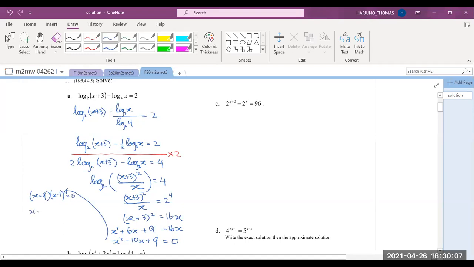Either x equals 9 or x equals 1. And both of them are okay. We just need to check if the argument is positive. That's all we need. You don't need to do a full check. That's for number 1.